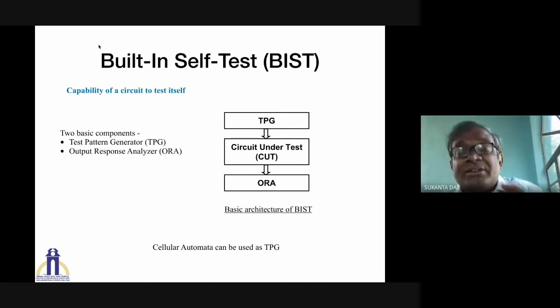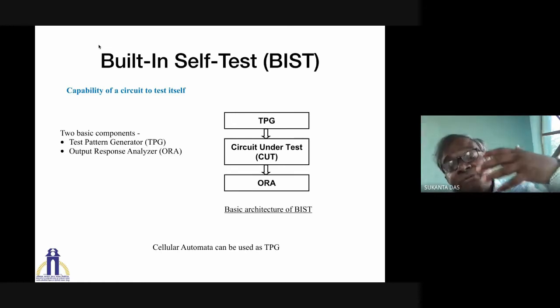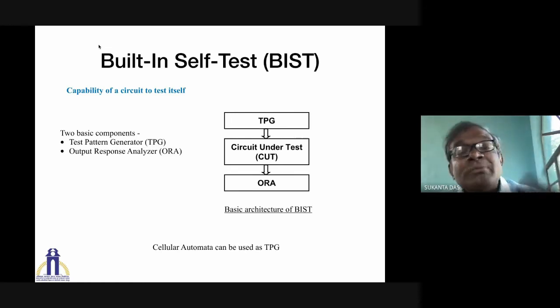If your circuit has been manufactured properly, then your output will be correct. And if there is some defect during manufacturing, then your output will be wrong. So whether the output is correct or not, that is to be analyzed. That is analyzed by the other unit called ORA, output response analyzer.